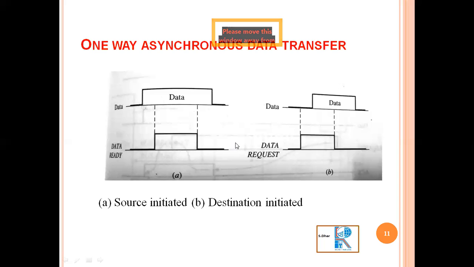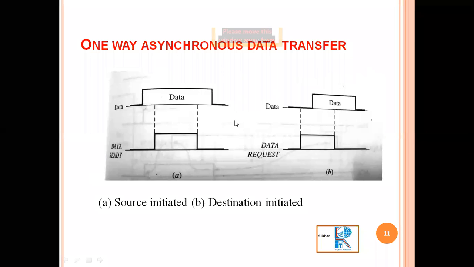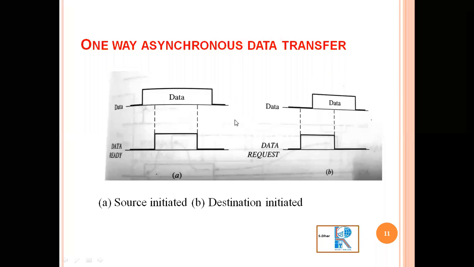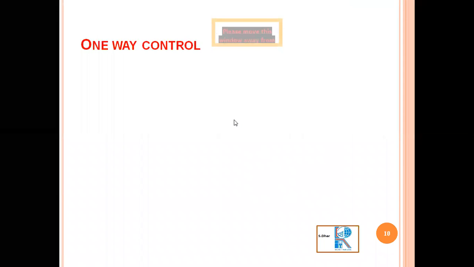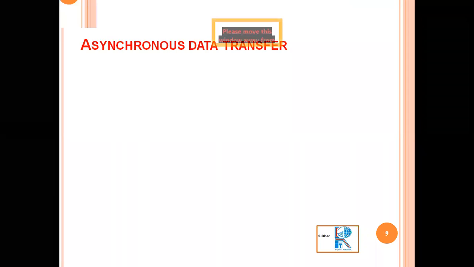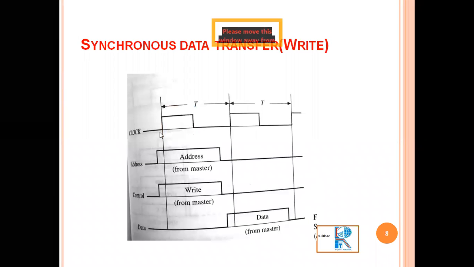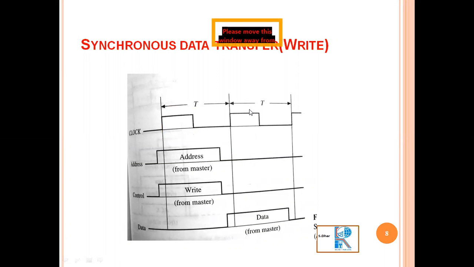Now in both cases, one thing is common: no clock is related with the system. In the previous case, you know that one clock is related. See in the previous example, one clock is related and a time period is given.